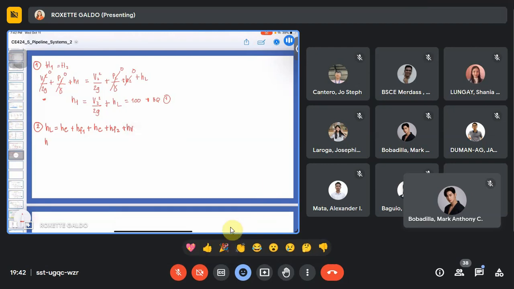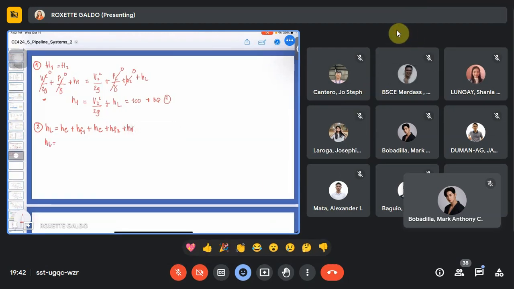So HL is equal to HE, which is KE V1 squared over 2g. That is HE. Plus, I will not be flashing the equations anymore, because the slide lags. You can recall this once I send you the lecture notes. HF1 is equal to F L over D, V1 squared over 2g.